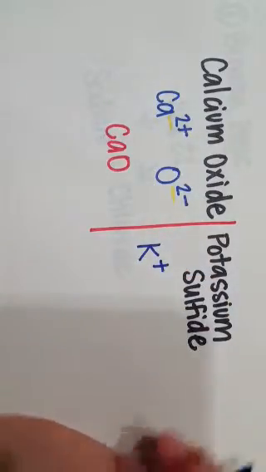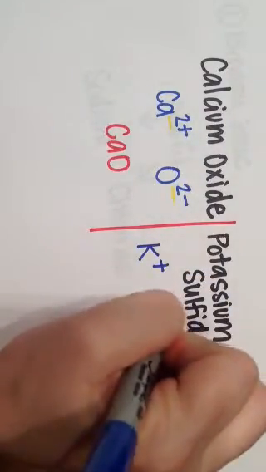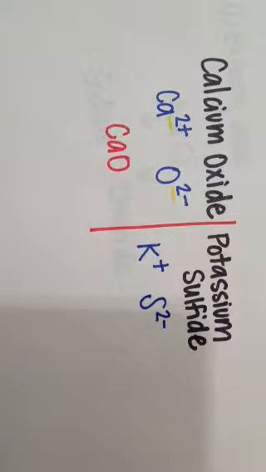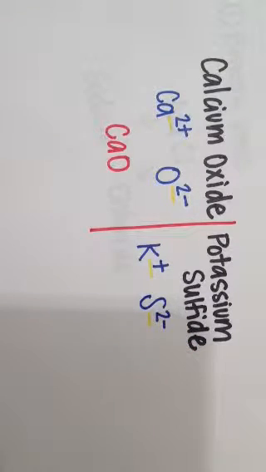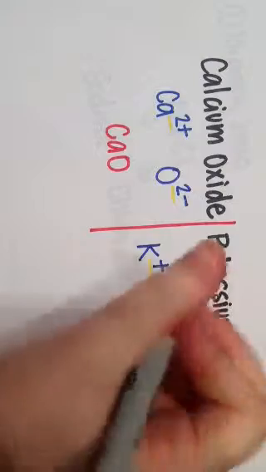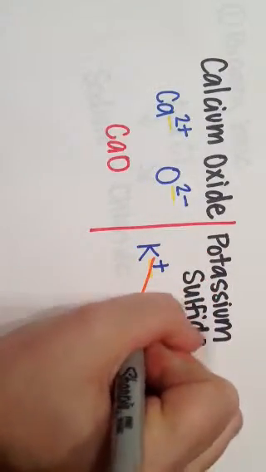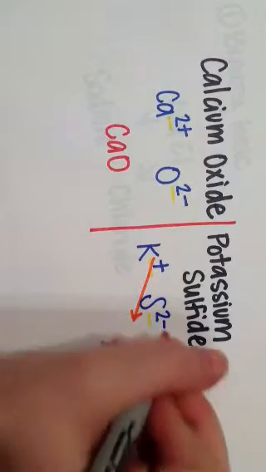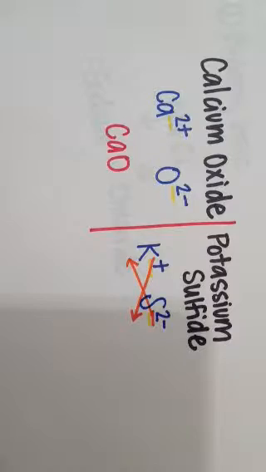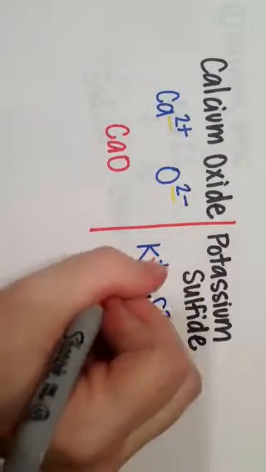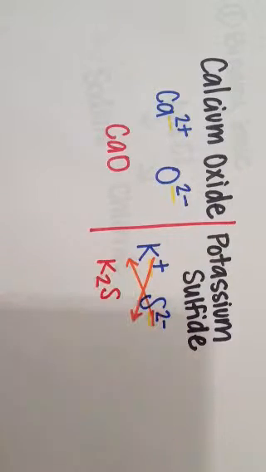Potassium is a +1, whereas sulfide is a -2. So this time they are not numerically the same. I have a 1 and I have a 2. And this is where we do the switch. So the number for potassium becomes the subscript for sulfur, and the number for sulfur becomes the subscript for potassium. So we end up then with K2S. Alright, so those are our binary ionic compounds.